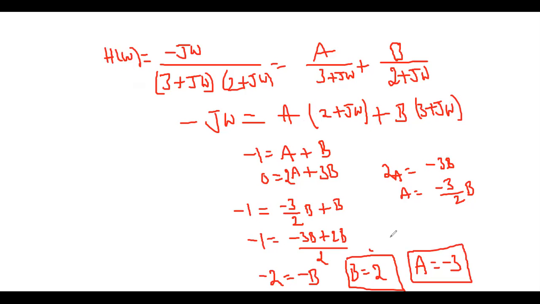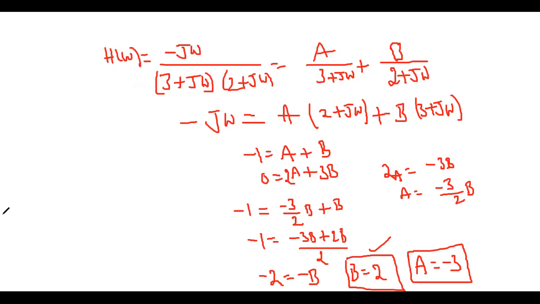So B is equal to 2, which is the right answer. And substitute j omega is equal to minus 3 here. The second term becomes 0. Minus 3 means A minus j omega, and j omega is equal to minus 3 here. Minus and minus get cancelled and we get the A value here.